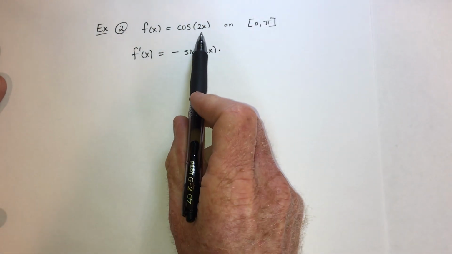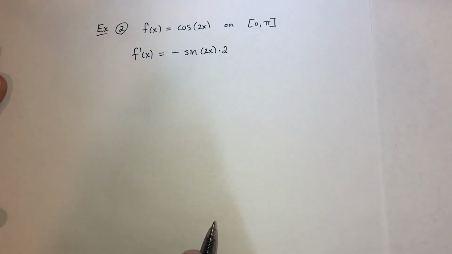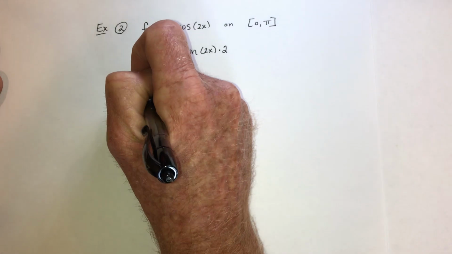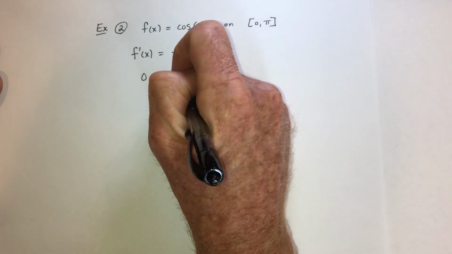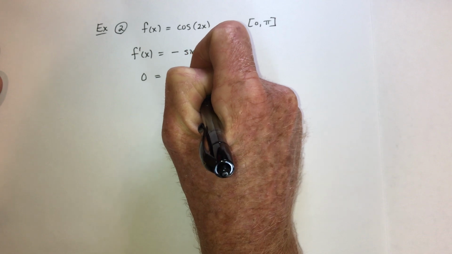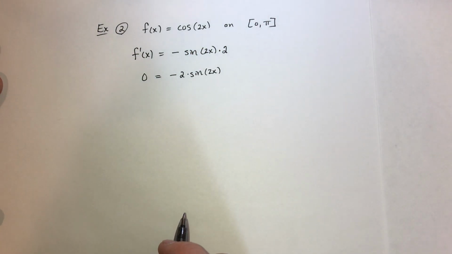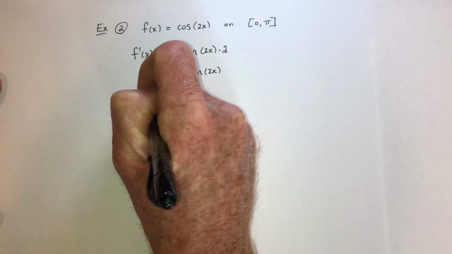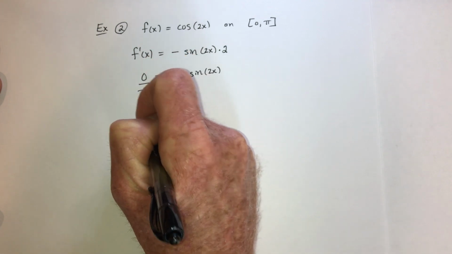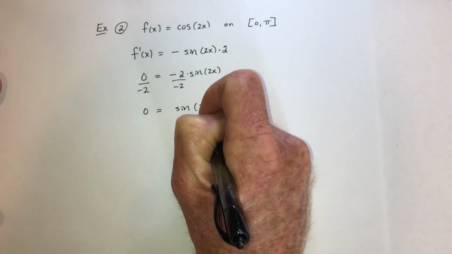And then do the chain rule, take the derivative of 2x, which is a 2, and you multiply by that 2. Then set it equal to 0, and I'm just going to move this 2 to the front. And basically this is just saying when does sine equal 0? Because this negative 2, you could just divide both sides by negative 2. It's still going to say 0 equals, and then all that's left is sine of 2x.